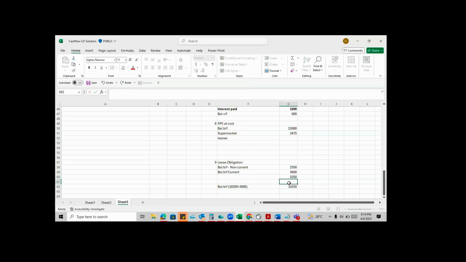All right. So what's the difference here? The difference you have here is the additional lease you have during the year. So this would have been the additional lease you had during the year.